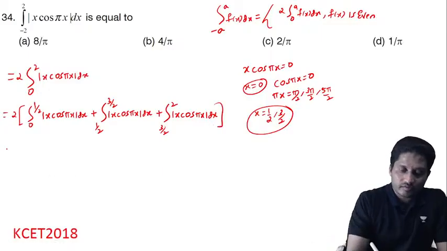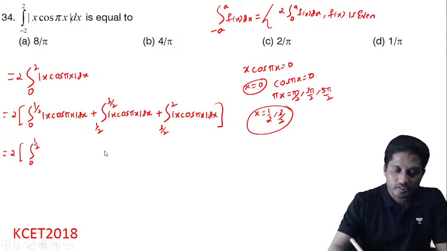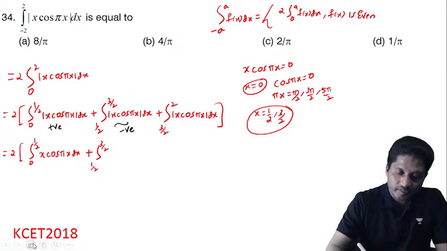Now this is equal to 2 times integration 0 to half. Anyways, mod x is positive, cos pi x is positive between 0 and half, so mod x becomes x into cos pi x. Plus the half to 3 by 2 part, where x is positive, but cos pi x will be negative between half and 3 by 2.